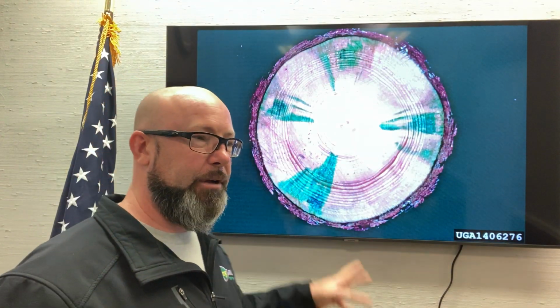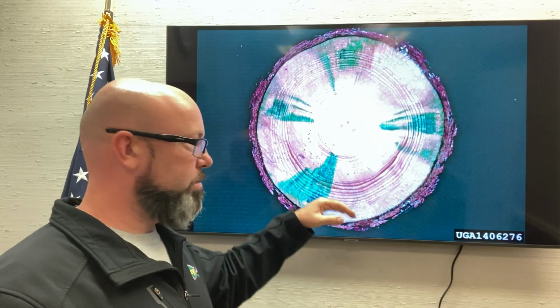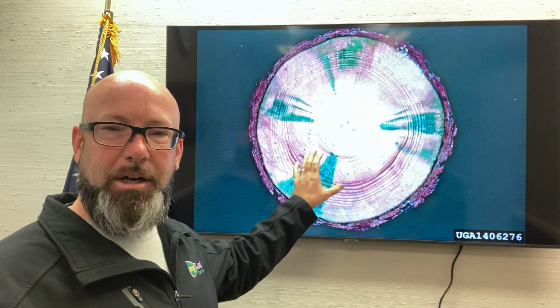So when we have larger dead wood in our pine trees, I would say anything that's maybe 1.5 inches to 2 inches in diameter, anything that's big in your tree that's dead, as it's declining, well, these beetles can also spread blue stain fungus.